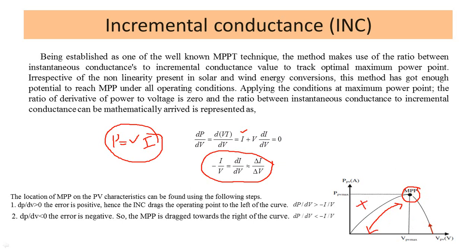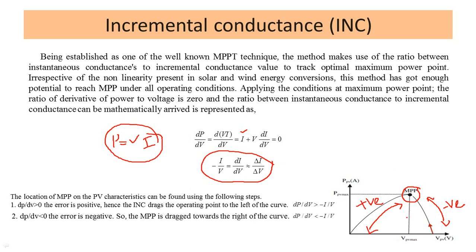If the error is negative, it is operating on the right-hand side. This is the fundamental region. Three fundamental rules. One is when dP by dV is equal to 0, or the ratio between del I and del V is equal to 0, which means your PV is operating at your MPP.